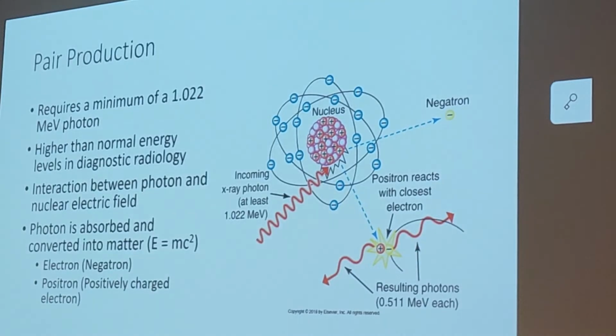Einstein became famous because he was the one who proposed that energy and matter are actually connected, that energy is equal to mass times the speed of light squared, which means that you can actually convert energy into matter and matter into energy. You can go back and forth between the two.